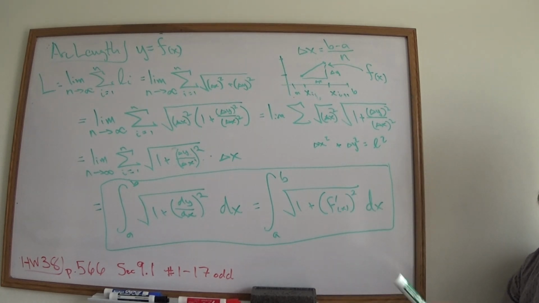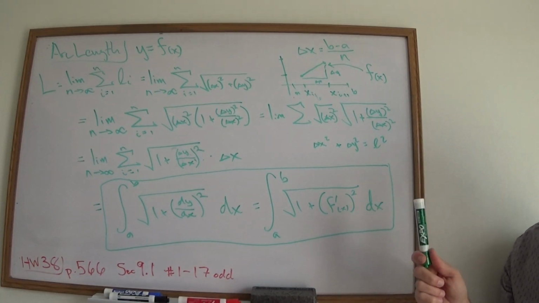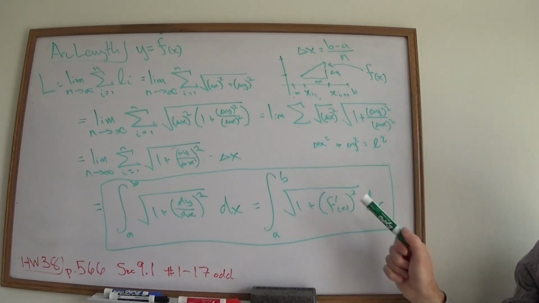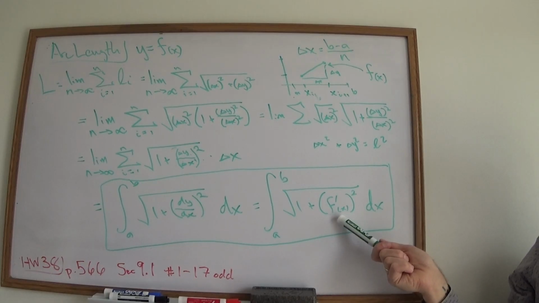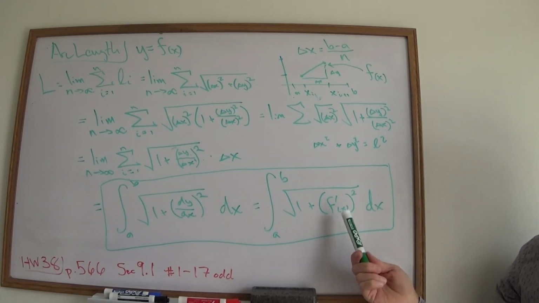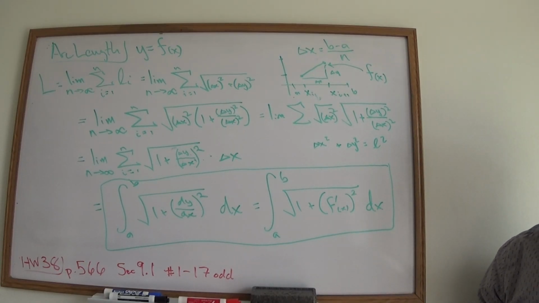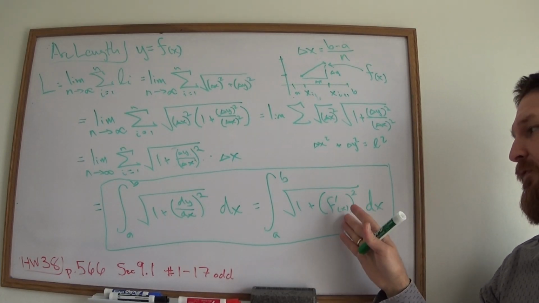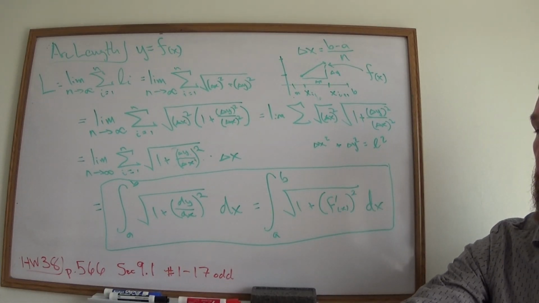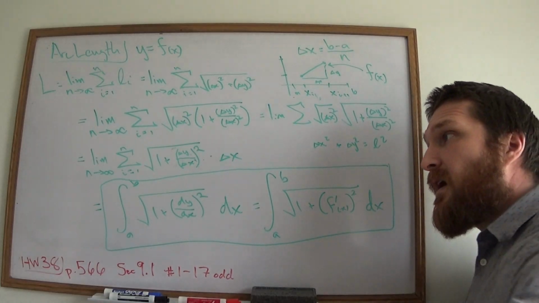But here, we've assumed, and I didn't say this, here's your assumption, that f is differentiable. Otherwise, this isn't going to work. However, if f is continuous, because remember, if you're differentiable, you're automatically continuous, but you could be continuous and not differentiable.